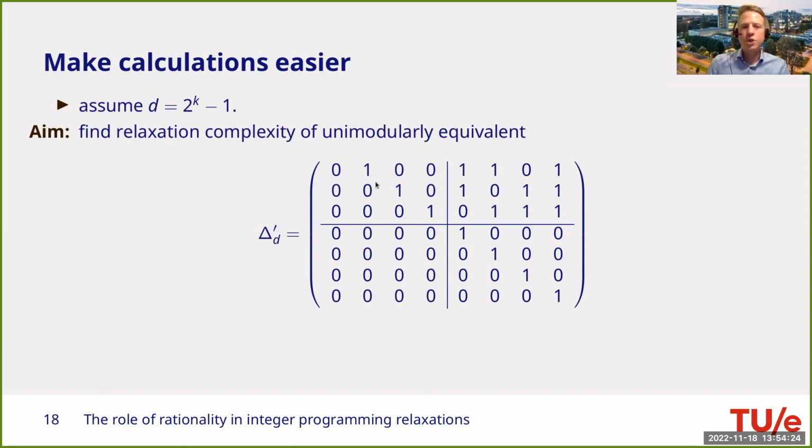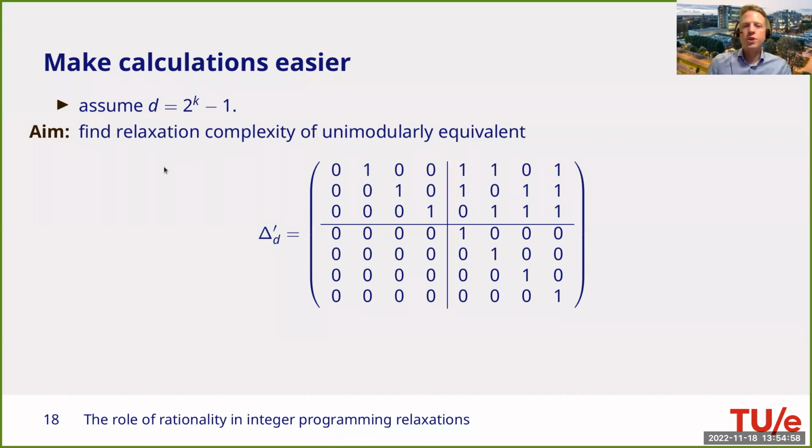And in this case, we consider a simplex of dimension k, which corresponds to the first columns here, which we then naturally embed into a higher dimensional space in dimension d. And the remaining unit vectors are again replaced by a unimodular transformation in such a way that we find all the possible binary vectors that have at least 2 non-zero entries above this line here. And we can do this actually because of the choice of the dimension that we have here.